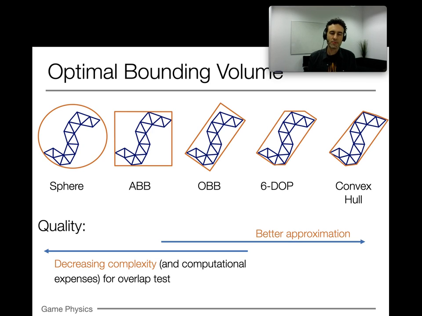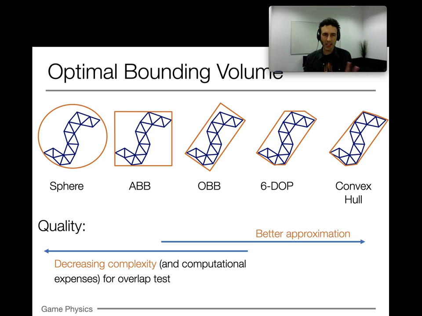So this gives us the traditional trade-off, hardware resource versus speed of processing.